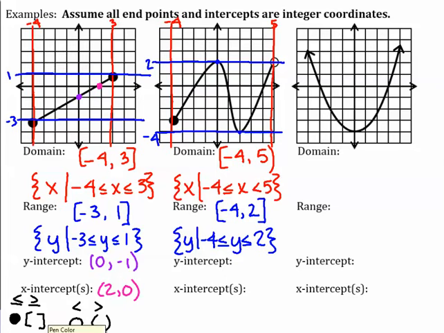For the y-intercept, that is that point there, which is (0, 2). And there are multiple x-intercepts in this problem. We have 3 of them. So that's at (-2, 0), (1, 0), and (4, 0).